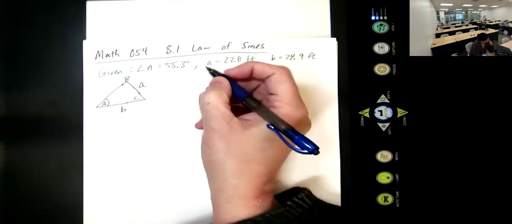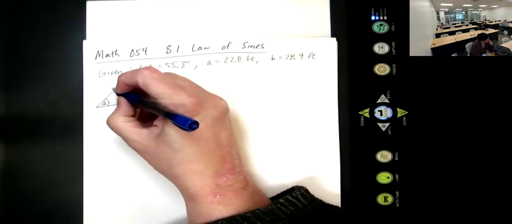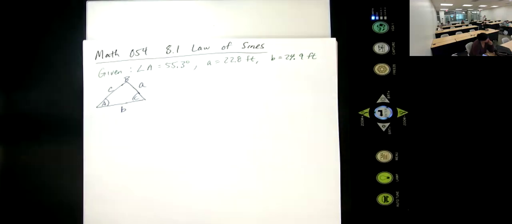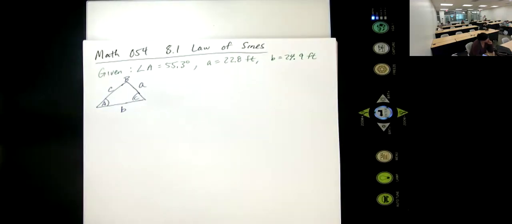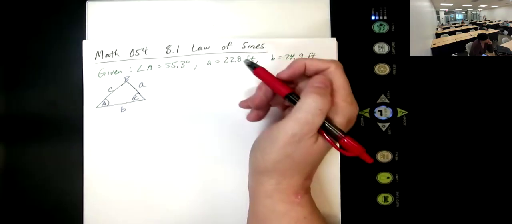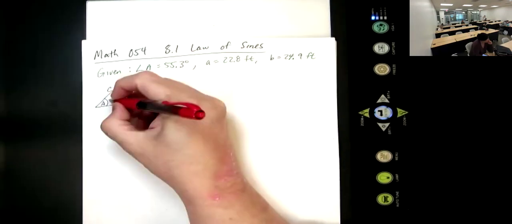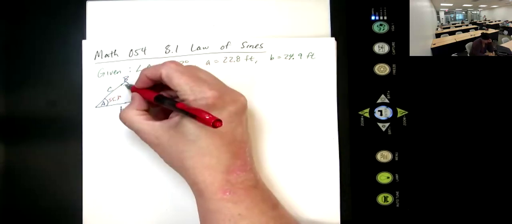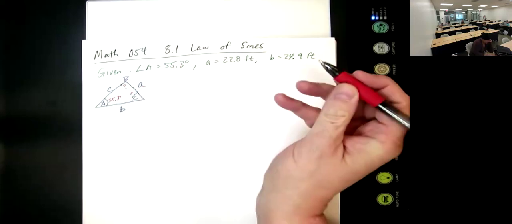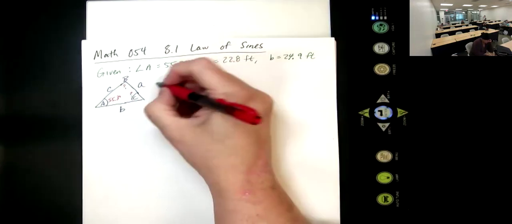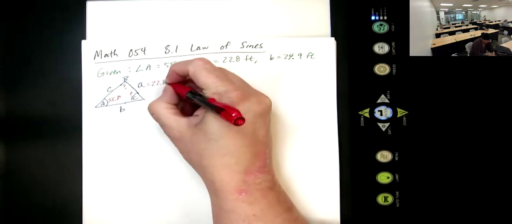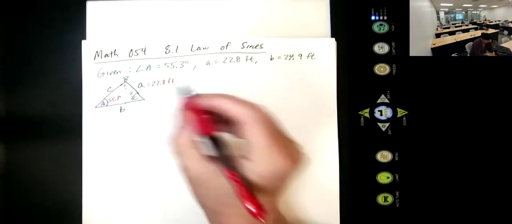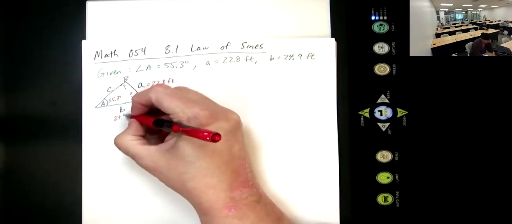So that would be C and side C. So we can fill in what we know: this is 55.3 degrees. We don't know B, we don't know C. A is 22.8 and B is 24.9 feet.